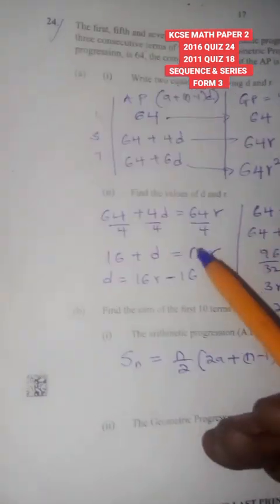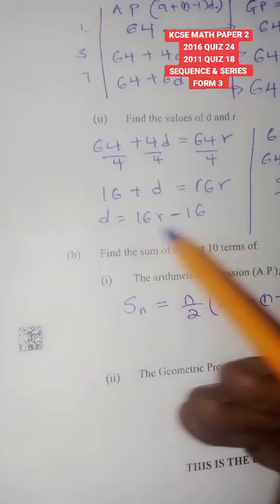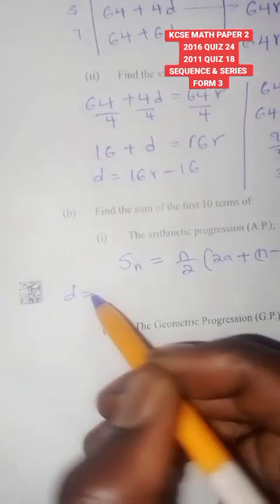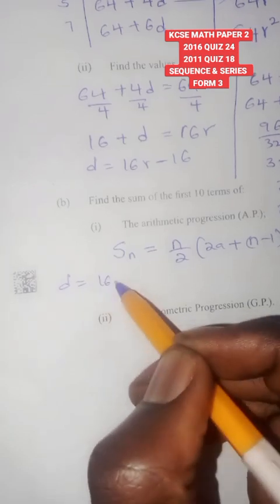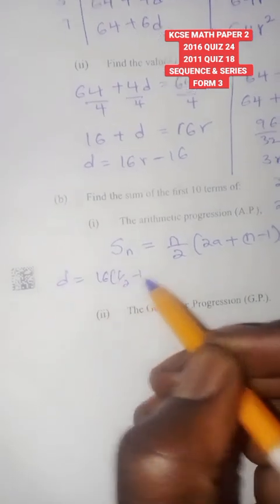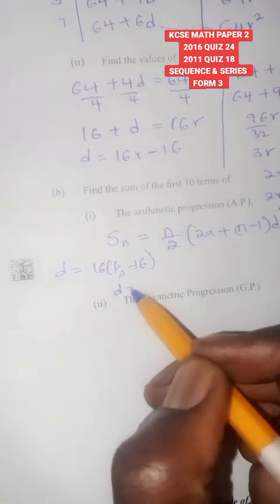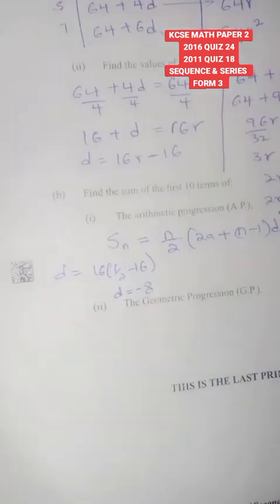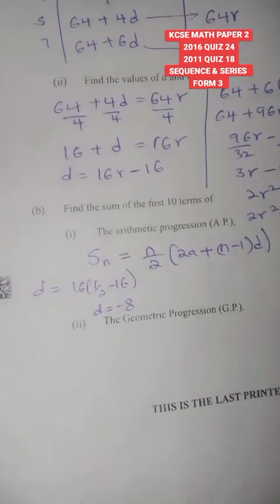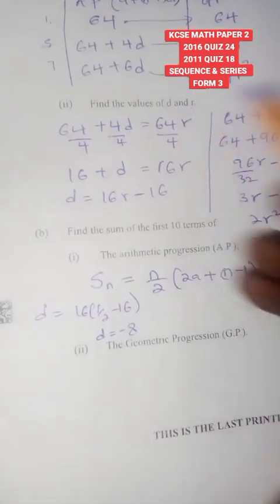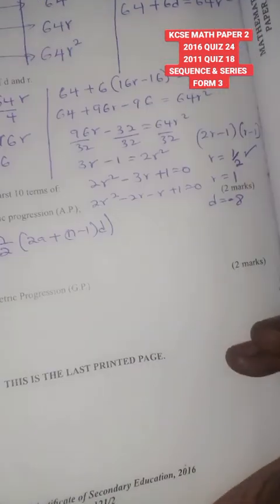I can substitute it in our equation here to find d. It will be 16r, which in this case is a half, minus 16. So that is 8 minus 16. Therefore, our common difference is negative 8. If they wanted it here, you can also write d is equal to negative 8 because they were asking the value of d and r.